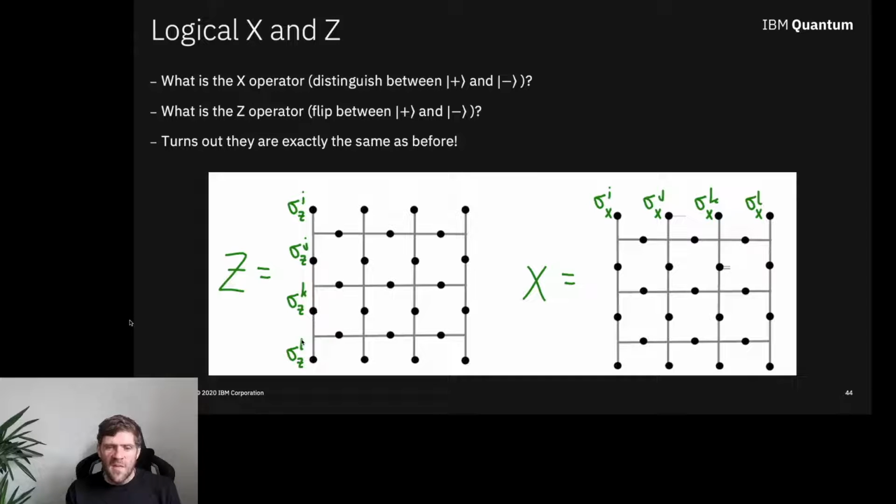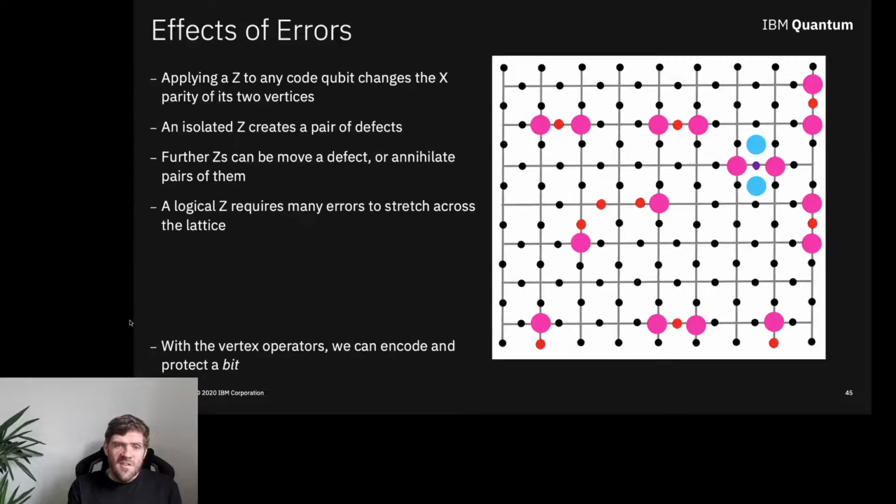And even though now we're thinking of measuring the x and performing the z as a unitary, whereas before, for the last encoding, we were thinking of the opposite way around, we find that the logical z and x that are defined by this encoding are exactly the same as before. This gives us a hint of what we'll see in a minute, that these two encodings actually can be done at the same time.